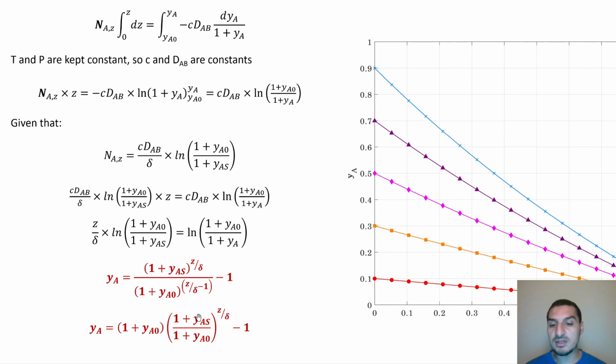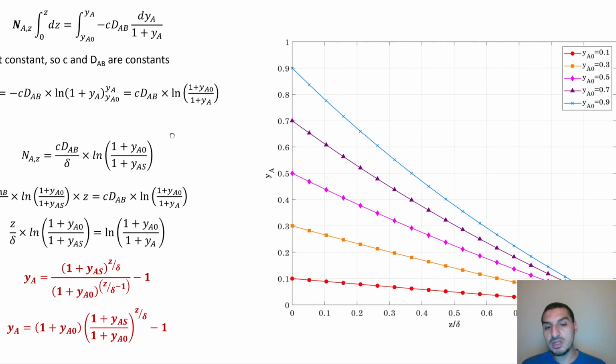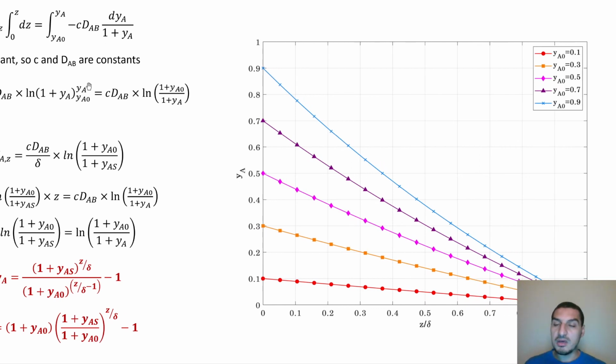So again, it's confirming that everything is okay, that the equation I'm writing is valid for at least the two cases that I'm sure of their outputs. And this is how the profile will look at different values of YA naught. And for all the cases, the last point is at y equals 0, at z over delta equals 1.